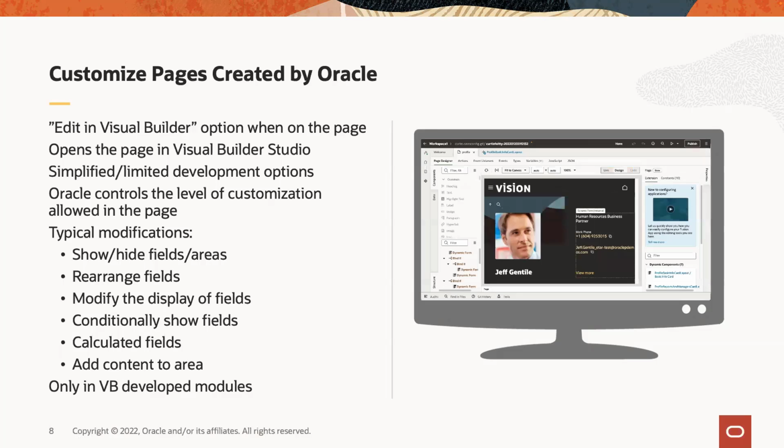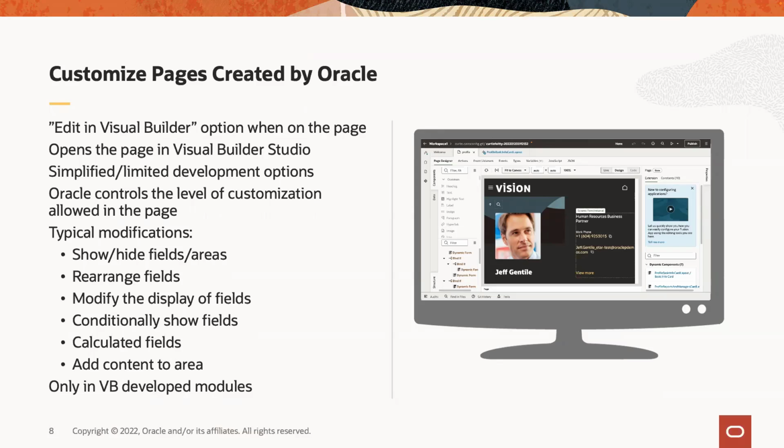This would open the page in Visual Builder Studio, in a specific view that allows you to make specific changes. What level of changes you can make is controlled by the team that actually built the page. The Oracle team that built the page can enable specific customizations.